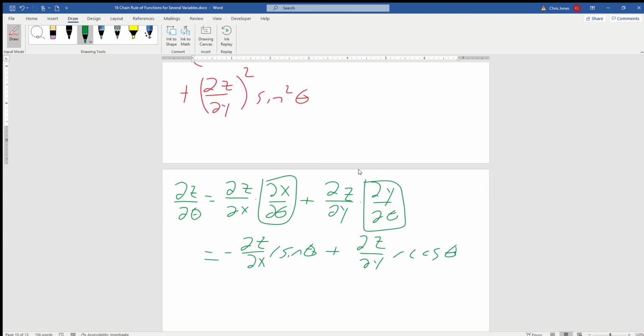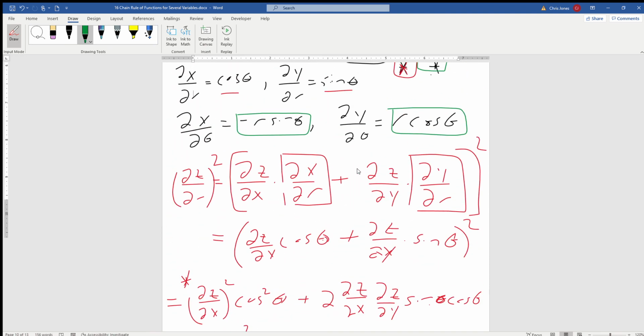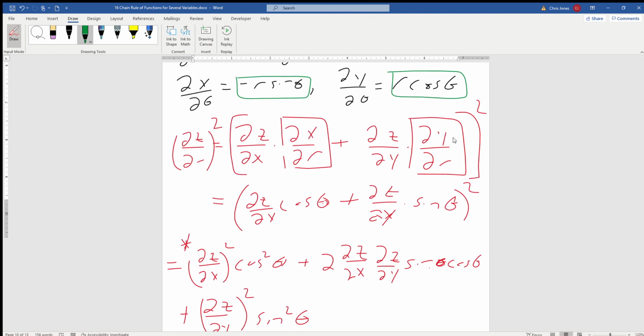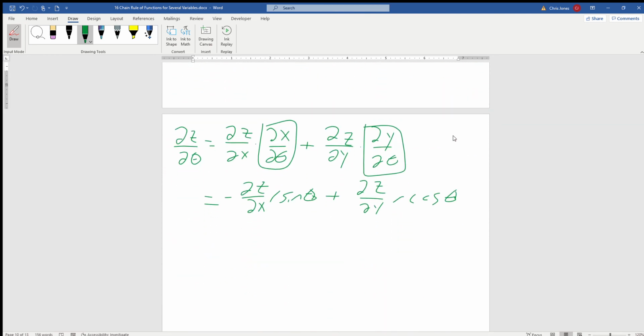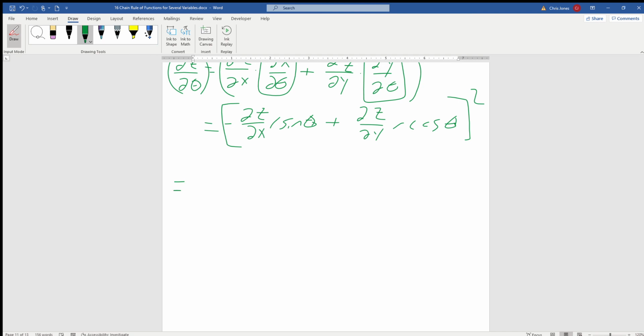But similar to the last example, we just don't want that. Not only do we want that squared, but we also want to multiply that by 1 over r squared. So we're going to have to do some more algebra. Let's just square this out because we want this squared, and we still need the 1 over r squared, so we're going to worry about that at the end. We're going to square the first and the last terms.